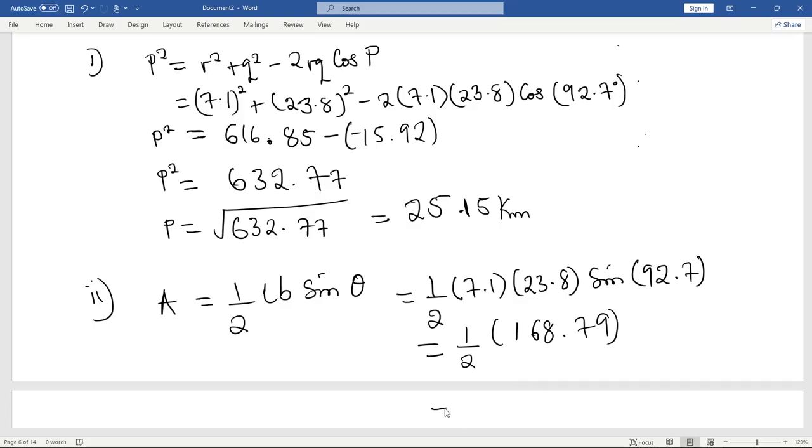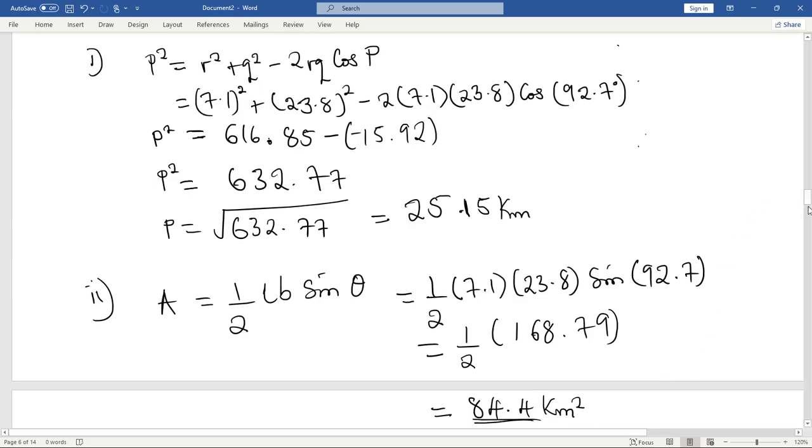If we divide this number by 2, we have 84.4 kilometers squared here, since we're finding the area.